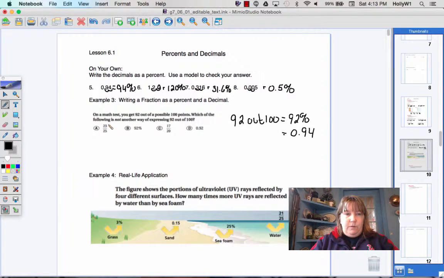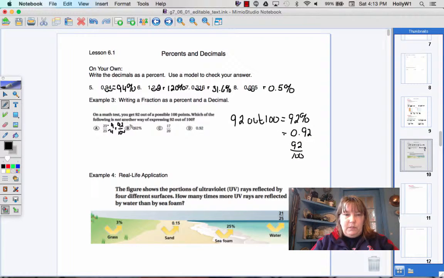So which one of these two isn't that? Well, if we multiply the top and the bottom by 4 here, we end up with 92 over 100. So that's this one. Oh, sorry, that's 92. I don't know where I got 94 from. Sorry, guys. I should say 92 hundredths. So this is the same as that, right? Because that's actually 92 over 100.